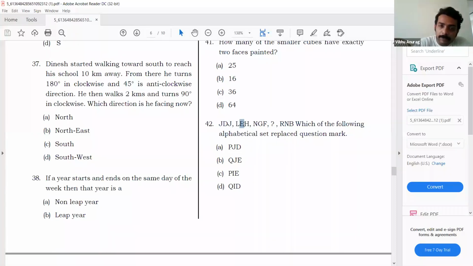Then after E we skip F and read G. So skip 0, skip 1. Then I should skip 2, so after G it should be H, I, J. And then I should skip 3, so after J, K, L, M and N. So this should be J. So the answer will be A, PJD.